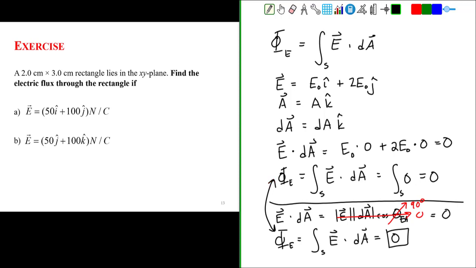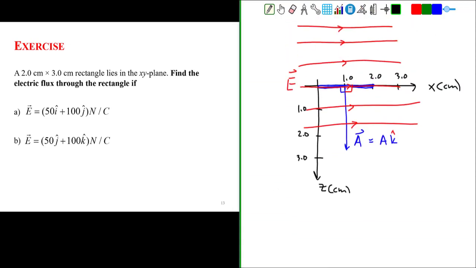Two ways in which we applied the dot product. The first way was by looking at the components. The second way was by looking at the orientation of the electric field and the area vector. However, conceptually, we knew that the total flux must be 0 because no field lines crossed the plane of the rectangle.